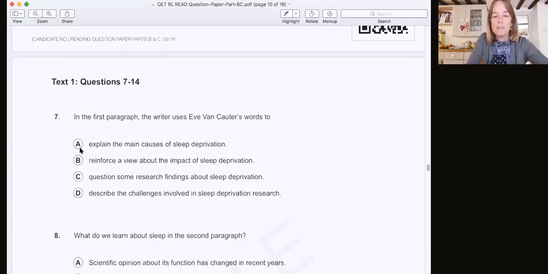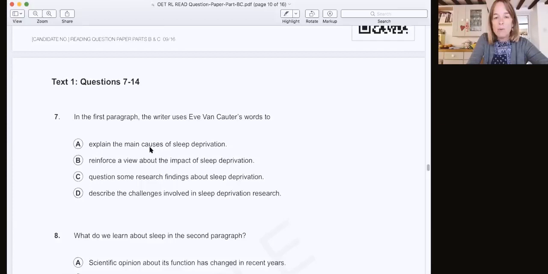What we're looking for is something that matches one of these options. A really good way of doing this is, first of all, underlining keywords in the question. Here, a keyword would be Eve van Korte. That is also going to be quite easy information to find, because you can scan the first paragraph to find this person's name, and because it's in capital letters, it's easier to find. Then you should underline the keywords in the different options.